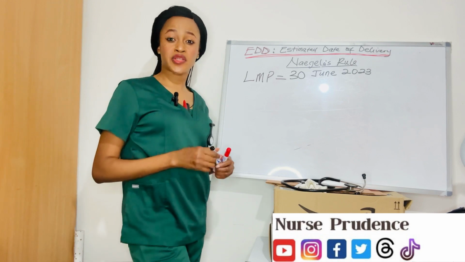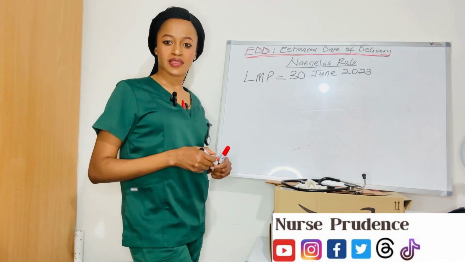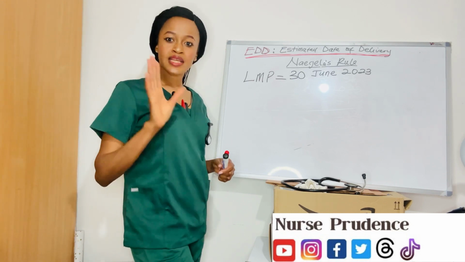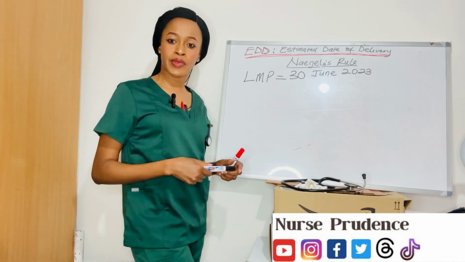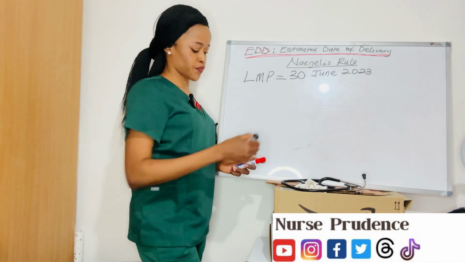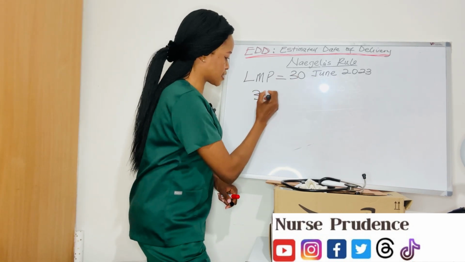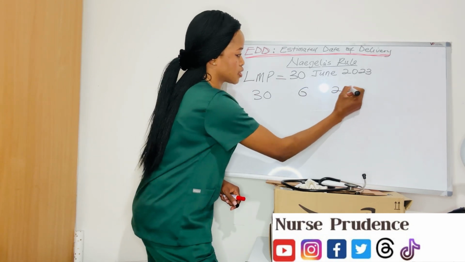So now, in a situation whereby the number of days is more than 31, because there is no month that is more than 31, this is how we are going to do it. Let's assume that the last menstrual period was on 30th of June. For you to do it, you write 30, and June is 6, then 2023.